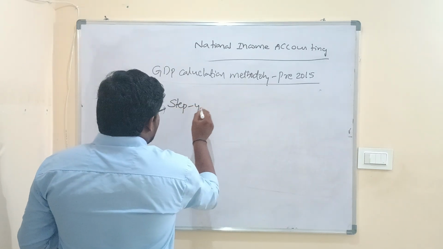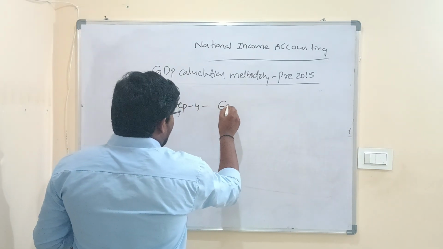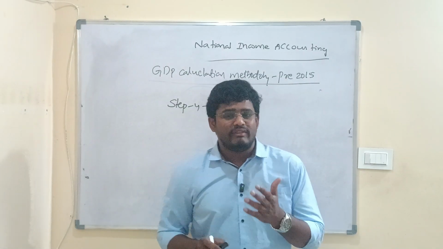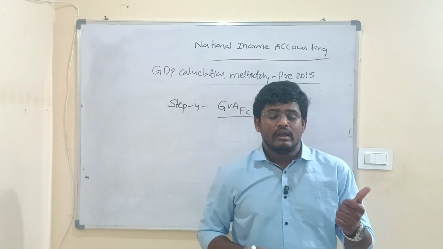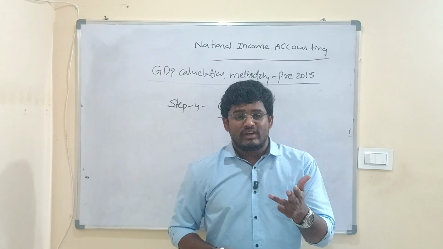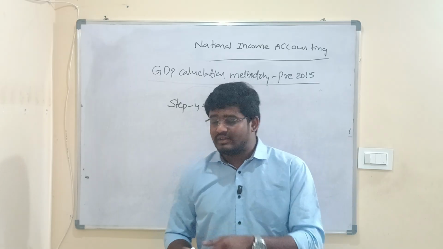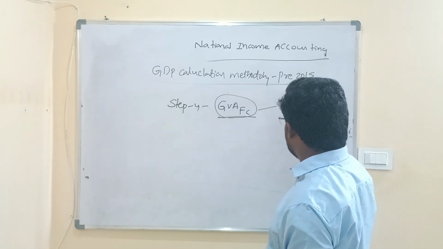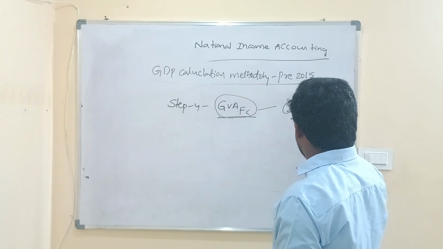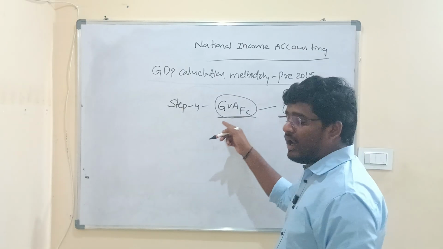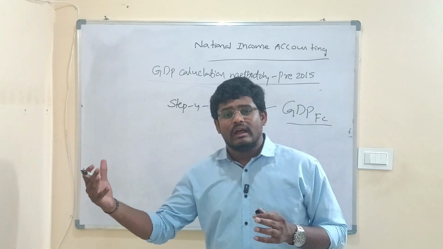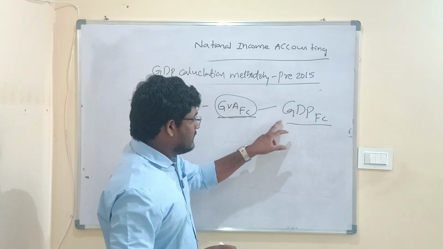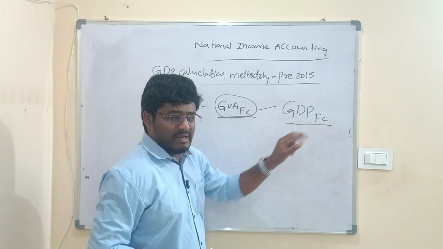We are going to add the GVA at factor cost for all the sectors: primary, registered, unregistered, construction, public utilities, and services. The sum of gross value added at factor cost gives us the GDP at factor cost. If we add it, then automatically we get the GDP. So that is how GDP at factor cost is derived.